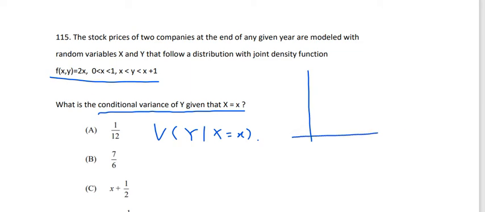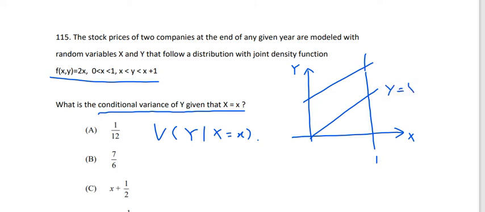Here the range for x and y: x is from 0 to 1, and y is from x to x plus 1. So y equals x, y equals x plus 1. So this range is this part.